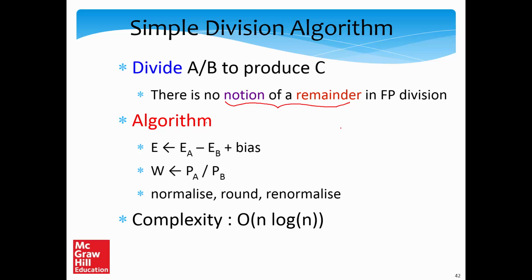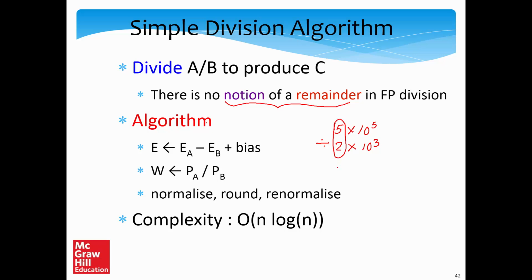Let's consider an example: let's try to divide 5 by 2, with exponents. We first divide the significands.